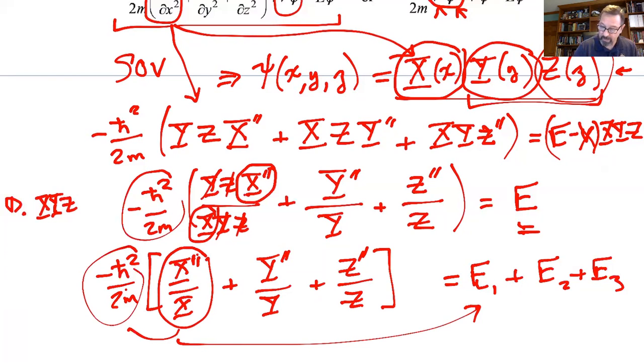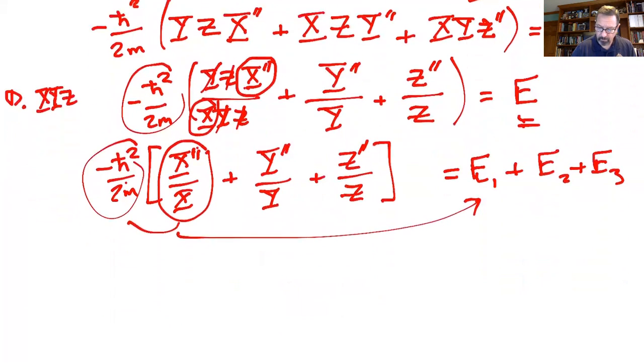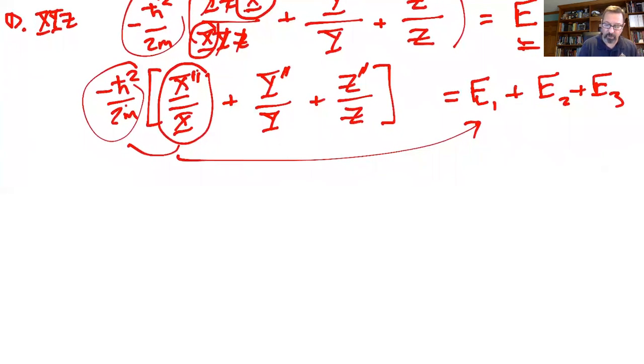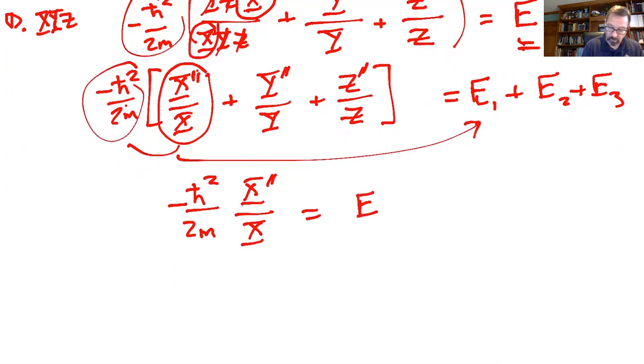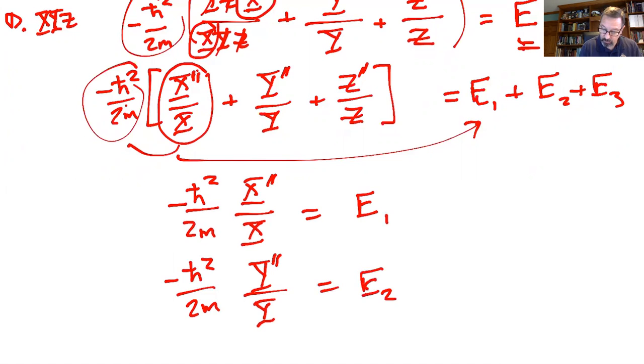And so then we've created, out of this partial differential equation, three ordinary differential equations, and I'll just write them out so you can see what I mean. x double dot divided by x is equal to E1 minus h bar squared over 2m, y double dot, the y function's second derivative divided by the y function, is equal to E2.